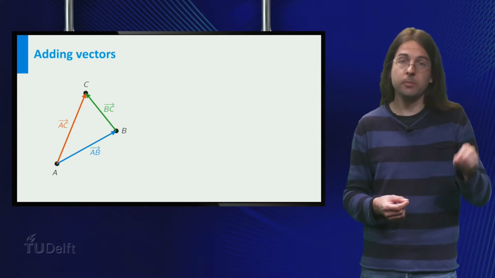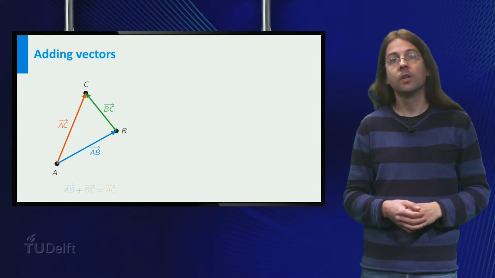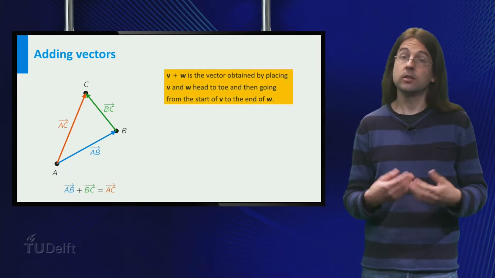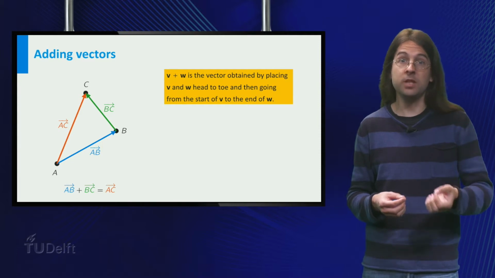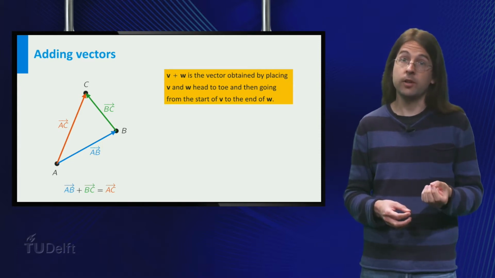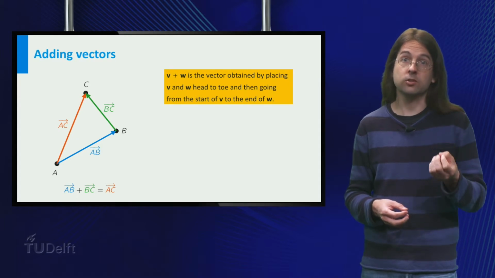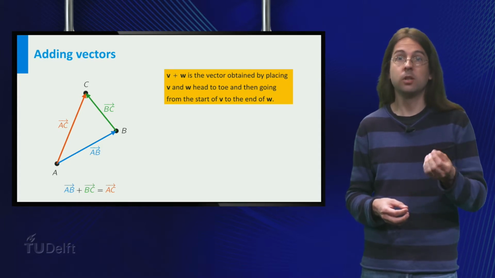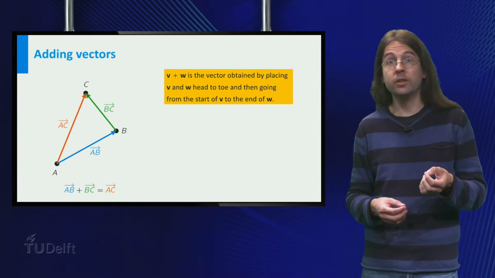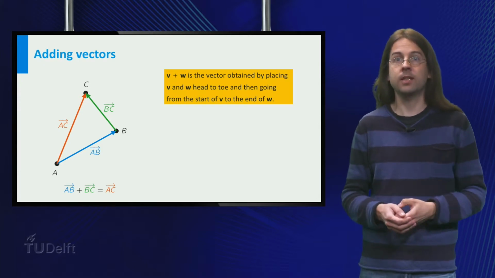Effectively, you've moved from A to C. This explains the definition for vector addition. The sum of vectors AB and BC equals the vector AC. In general, if we have two vectors which are placed head to toe, their sum has as starting point the starting point of the first vector, and the endpoint is the endpoint of the second vector.